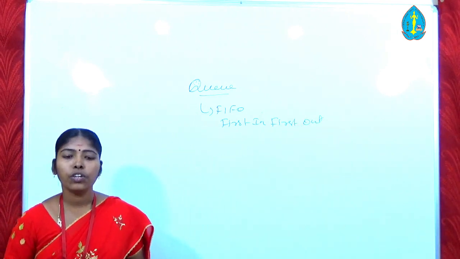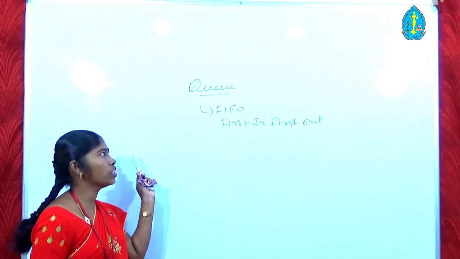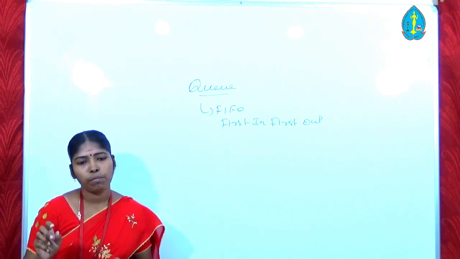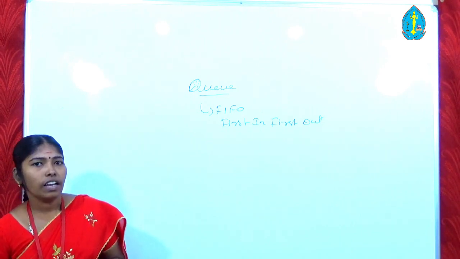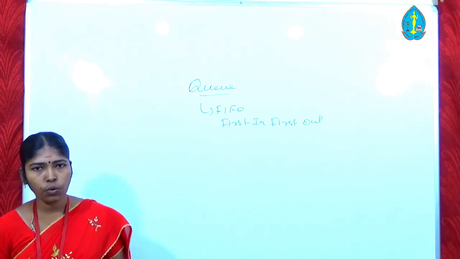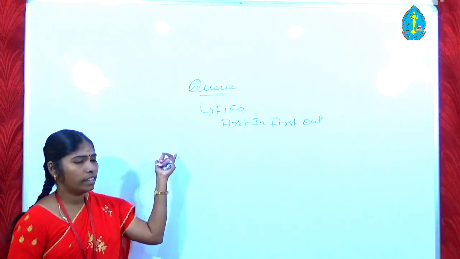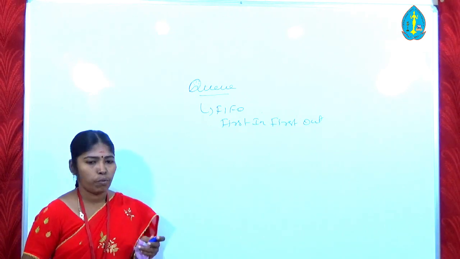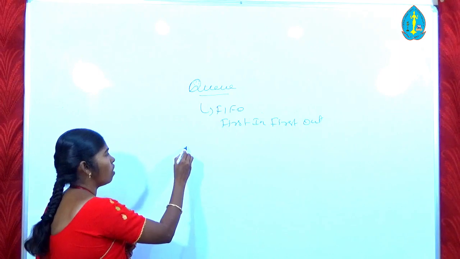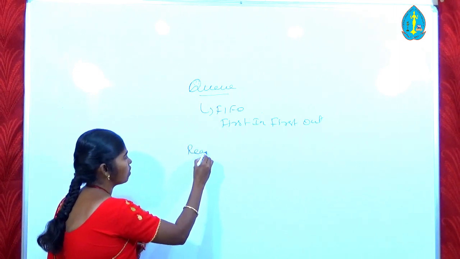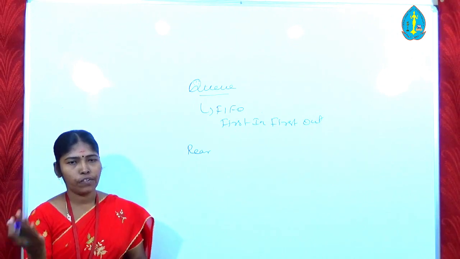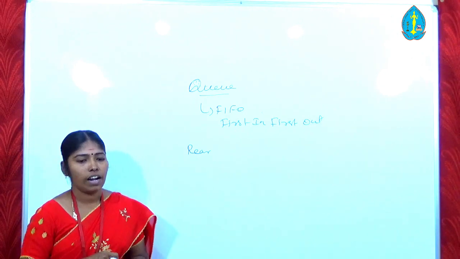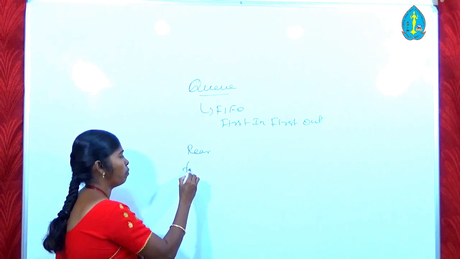A queue is a collection of homogeneous, the same type of data, stored in that queue. Stack and queue are linear data structures. A new element is added at the end, called the rear pointer, and an existing element is deleted from the other end, called the front pointer.